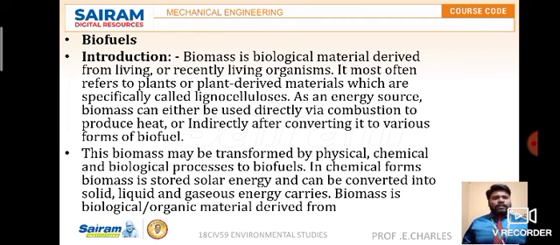Biofuels are taken from natural gas, fossil fuels, or from the energy which is available under the ocean. So many living organisms are placed under the ocean, and from there they take out the energy. All these things are in the solid, liquid and gaseous states. That is nothing but biomass.